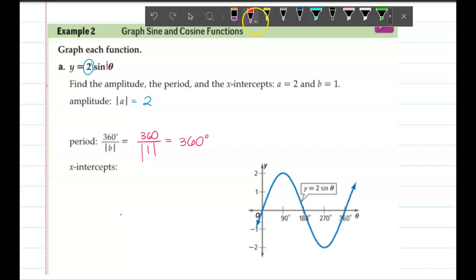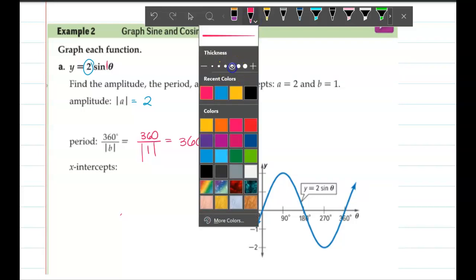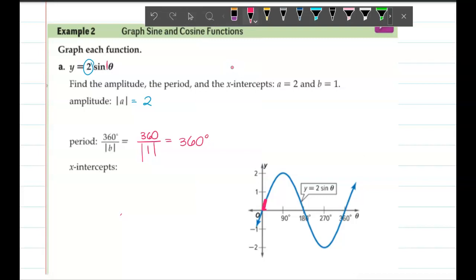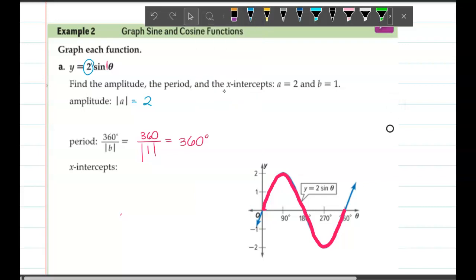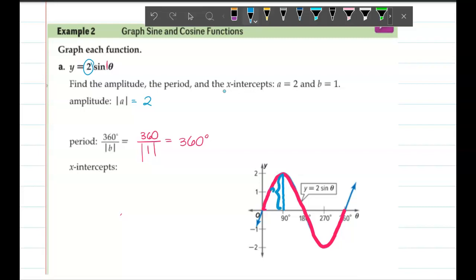Notice it has a period of 360 degrees. It starts here, goes down until it gets to 360, and then it would repeat. It is a bit more stretched vertically because of the amplitude. The amplitude here is 2. If we were to graph the original parent function, it would only go up to 1 and come down to negative 1. So you can see that this has been a bit stretched vertically because of the change in the amplitude.